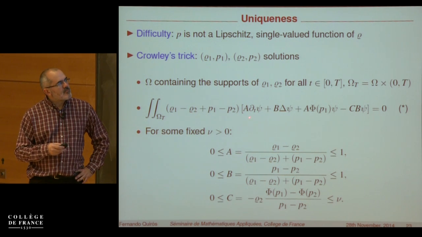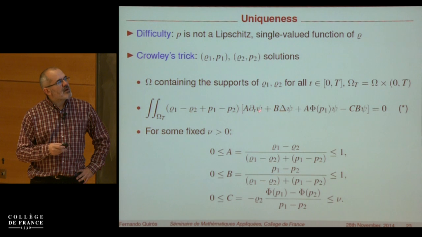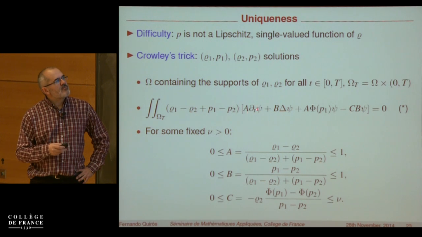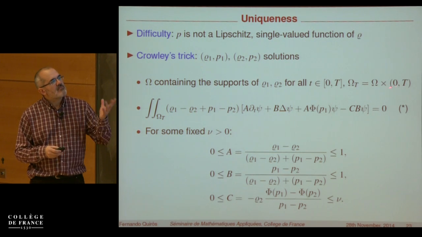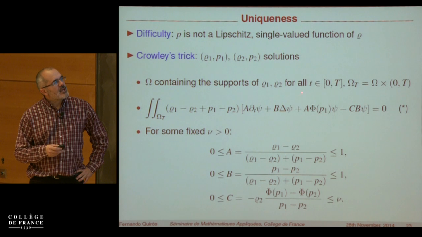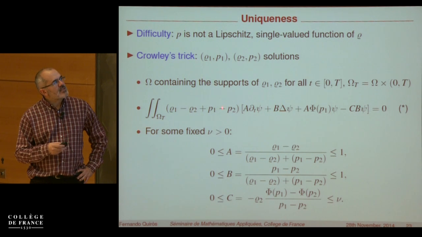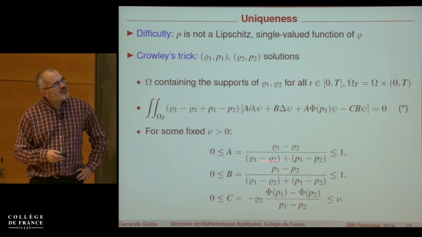You get a backwards in time equation with backwards coefficients for the test function, and then you construct it in a clever way. Here we cannot do this because if we don't have this, then the coefficients would not be bounded. So we add also here p1 minus p2. So now the coefficients will be bounded.